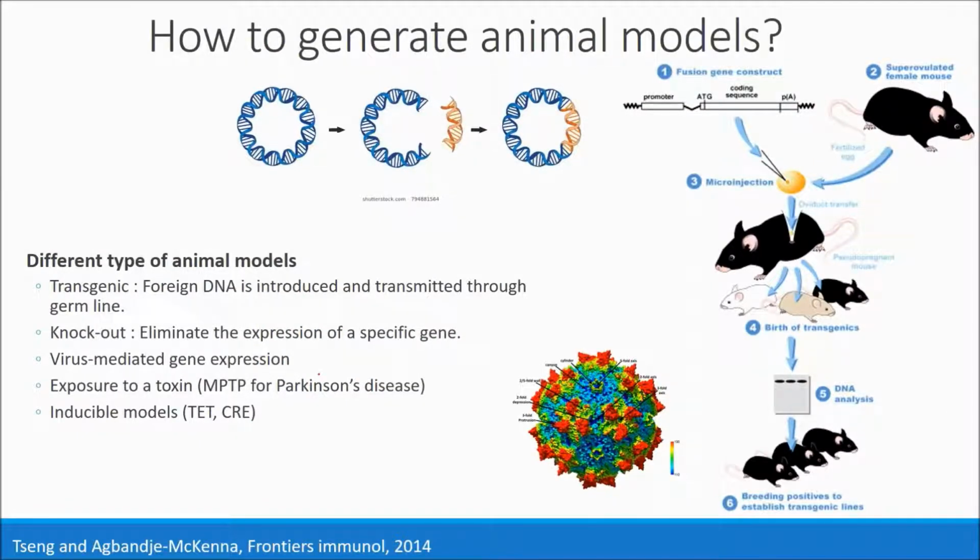So how do we generate an animal model? I will try to explain it simply. Most of the animals that we use are transgenic animals. Transgenic means introduction of a foreign DNA.